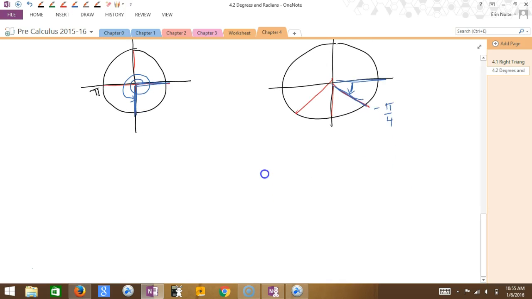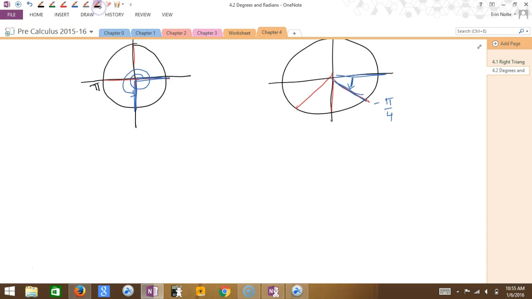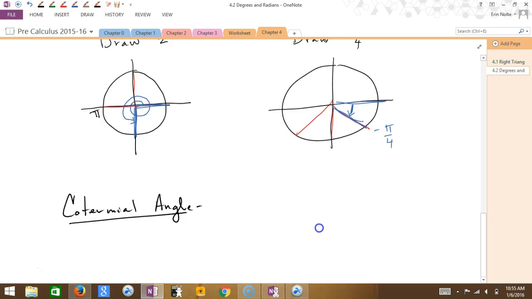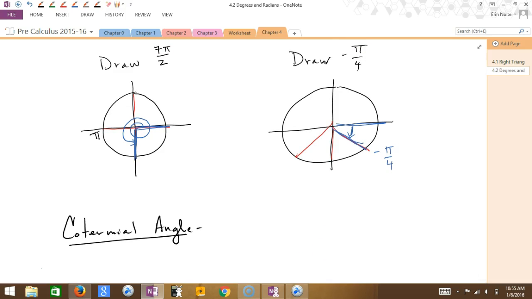Okay, so they're going to ask you to find a coterminal angle. The best example that I can give to you is like this question right here where I was drawing 7 pi over 6.